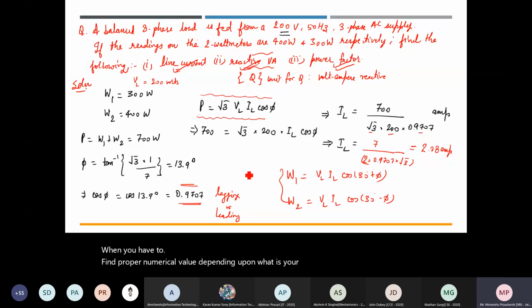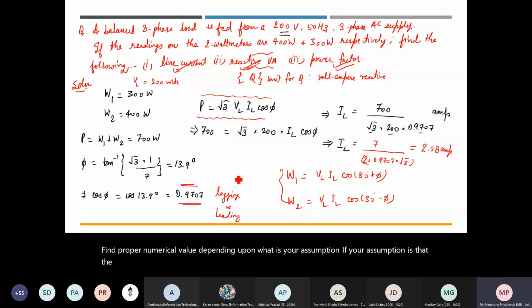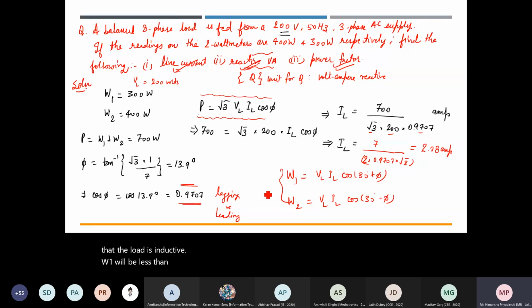If your assumption is that the load is inductive, then W1 will be less than W2. If your assumption is that the load is capacitive, then W2 will be less than W1. So this is very, very important. Anybody having any doubts?